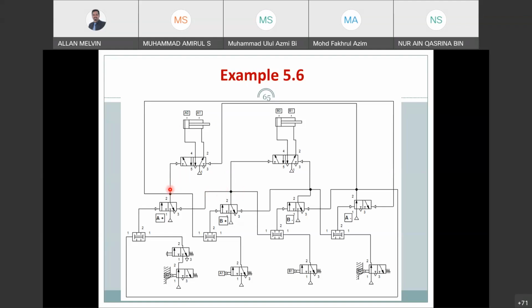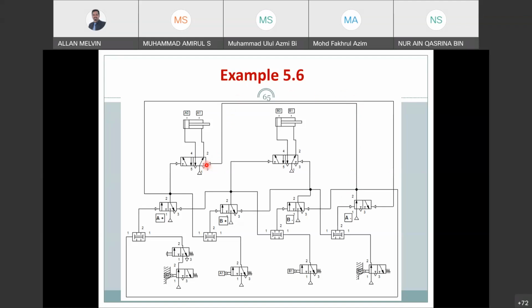So the question also asks if your number 3 is connected to the other side, the other port. So what will happen? Like this, this one is connected to this side. So what will happen? The cylinder will be unactuated and cannot be triggered.